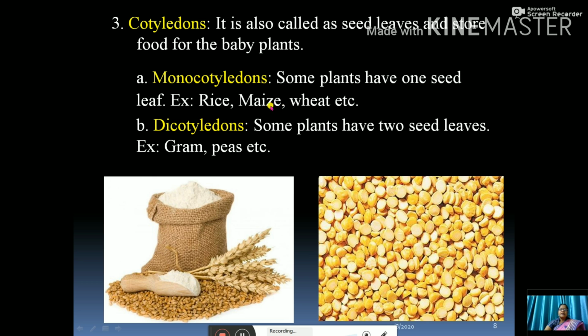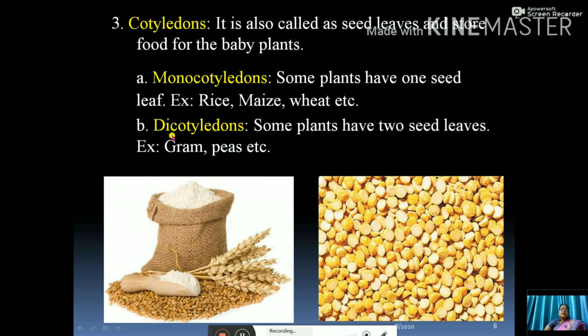These examples are very common and available at your home. If you press the rice seed, it cannot be divided into two equal parts. Like that maize also, like that wheat also. So these are called monocotyledons.